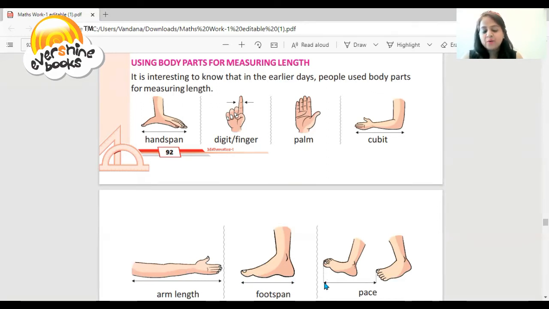Now, it is your first foot and it is your second foot. Okay, students, got it? Very good. These are used for measuring length.